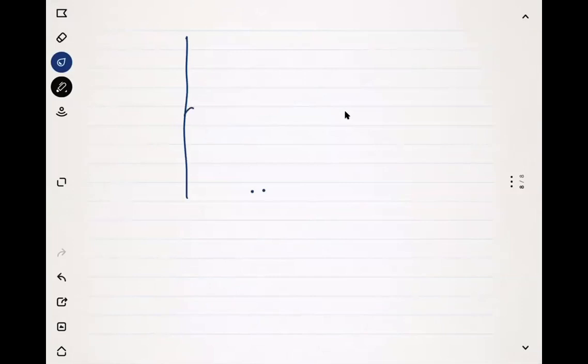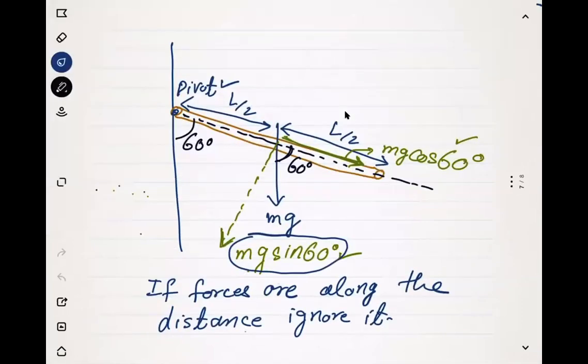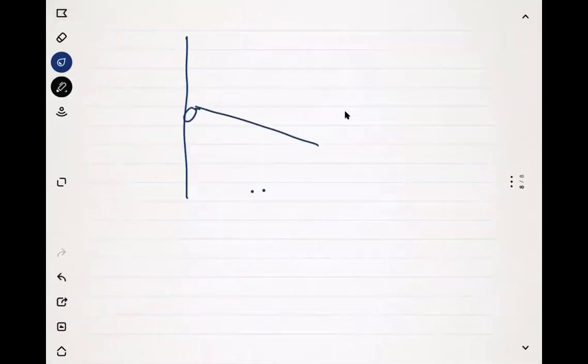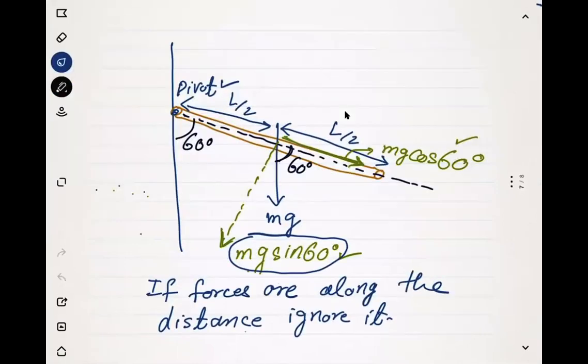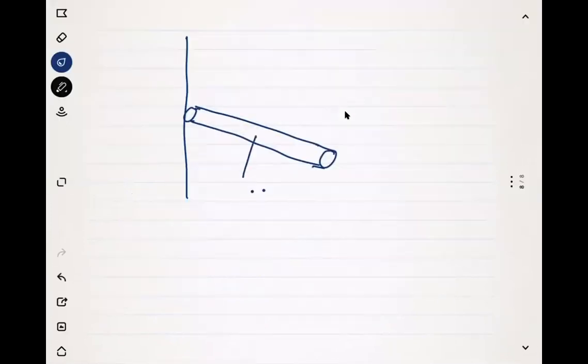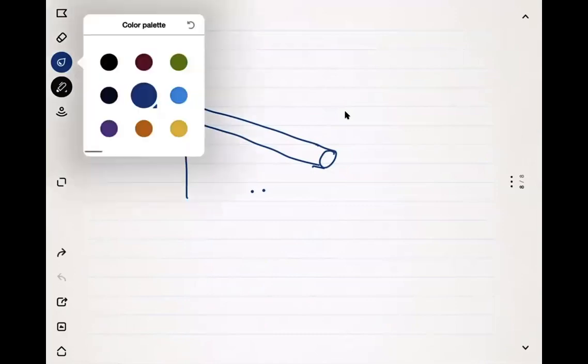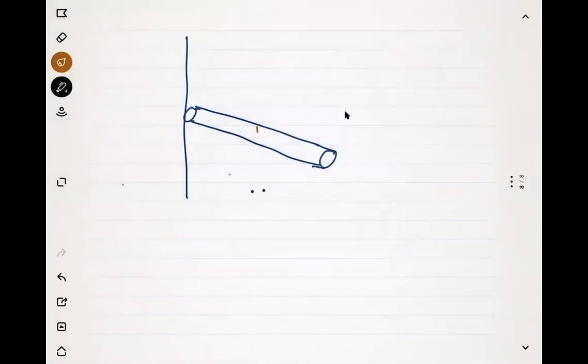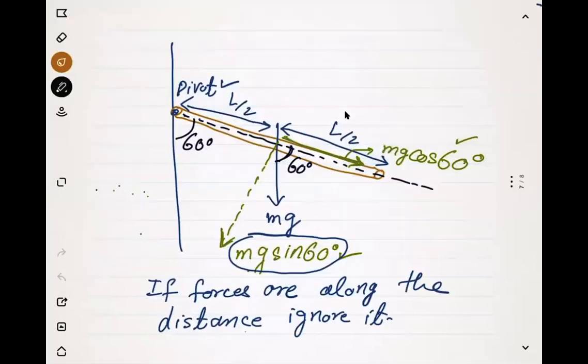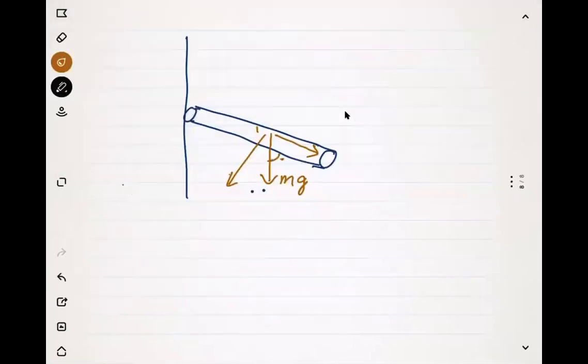However, in the given example, if the weight is resolved with mg cos 60 and mg sin 60, mg was here, and the components of mg will be, the angle of mg is 60 degrees.